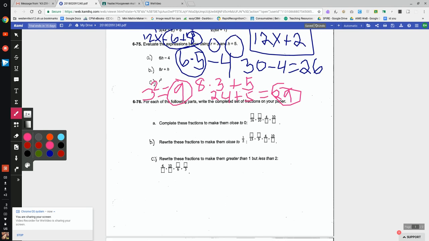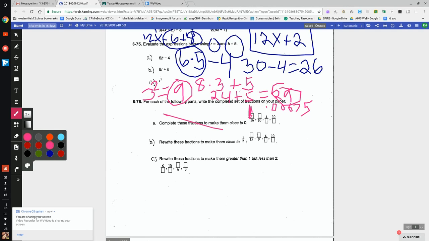Moving down, make sure you follow the directions. It says complete these fractions to make them close to 0. So we don't want to make them 0. So I know if I had 1/16, that's pretty close to 0. It's maybe 0.0675, so like 6%, close enough to 0.